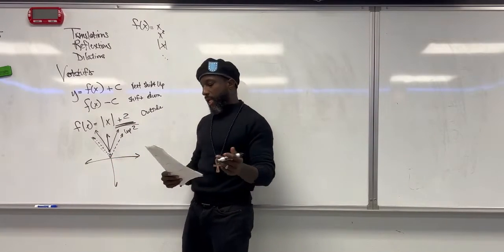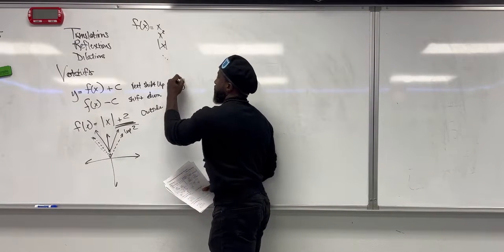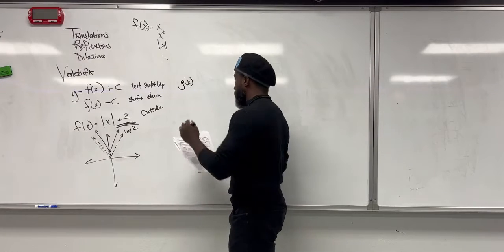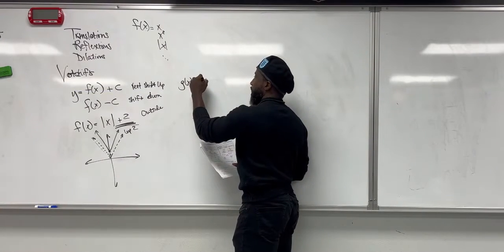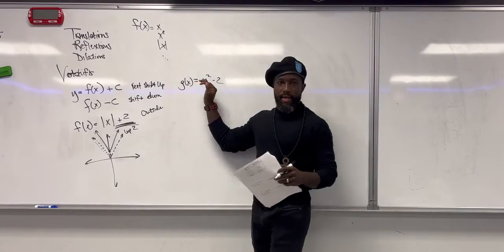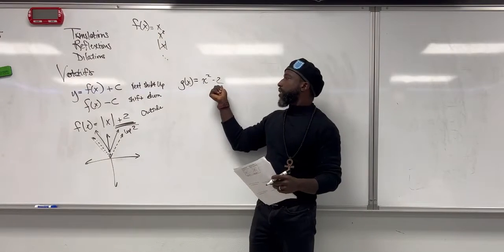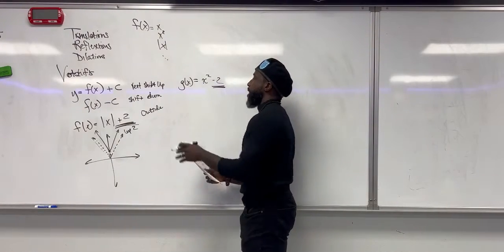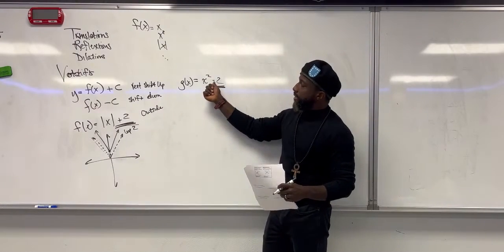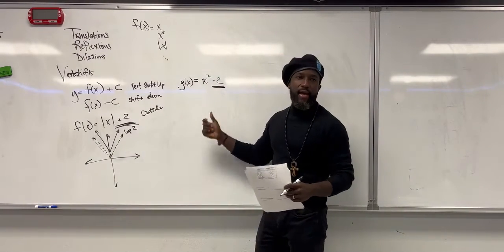Let's look at another example. If we had g of x equals x squared minus 2, again the x squared is the function term, its identity. The minus 2 is on the outside. Since it says minus 2, it's a shift down 2 units.